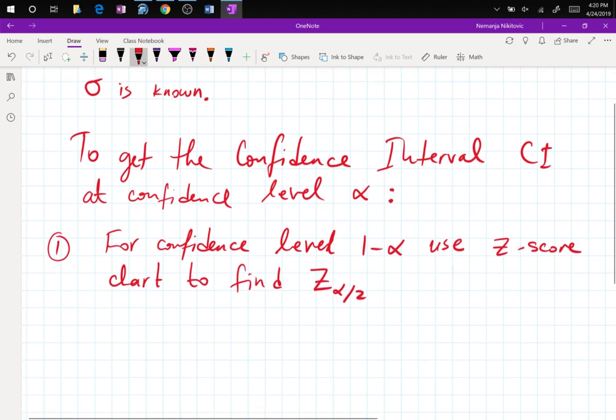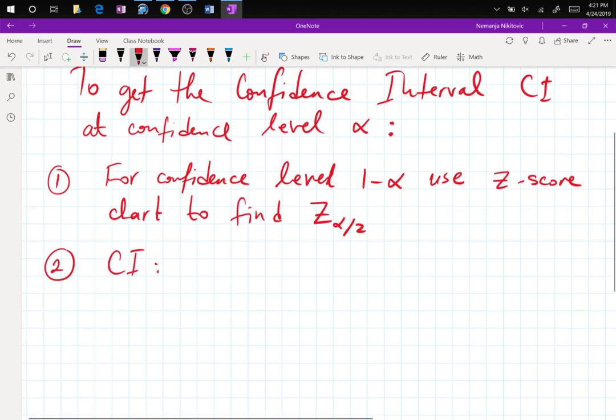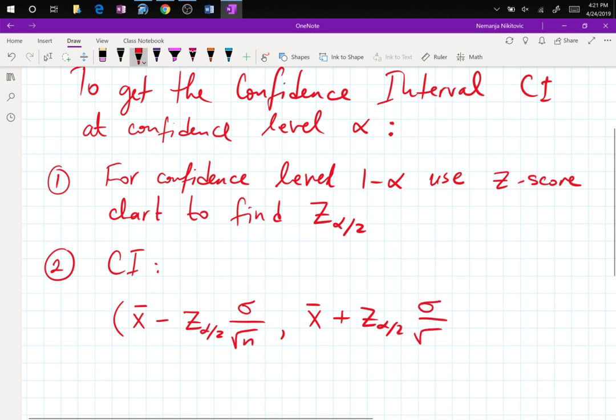And I'll explain why it's over 2. And then the second part is the confidence interval is given by a range of numbers: x bar minus z alpha over 2 times sigma divided by square root of n, for a given sample size, and x bar plus z alpha over 2 times sigma over square root of n.